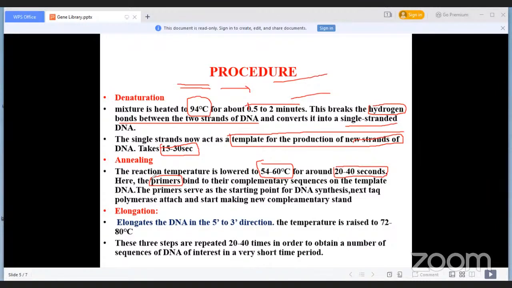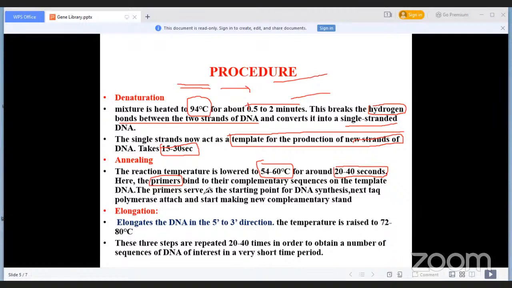The primer binds to the single-stranded DNA. The primers are complementary short sequences of DNA at each end of the section, mainly the 3 end. The primers serve as the starting point of DNA synthesis. Synthesis has not started yet.